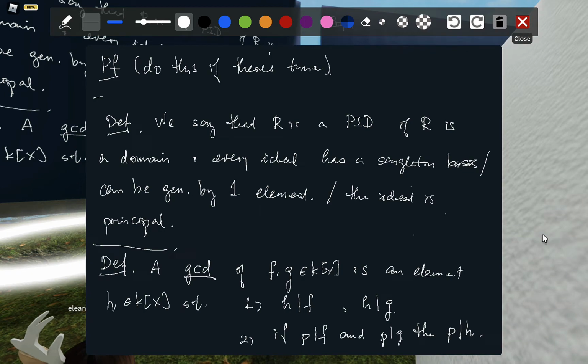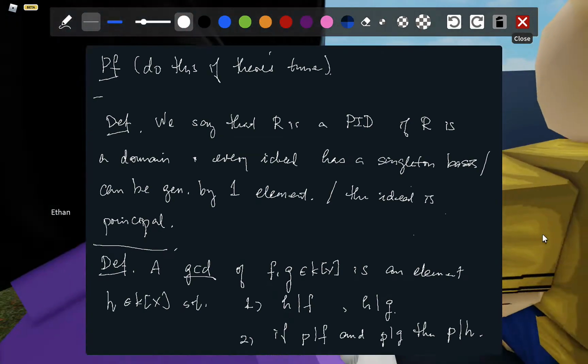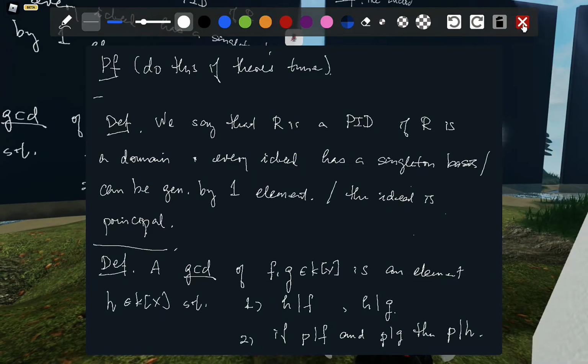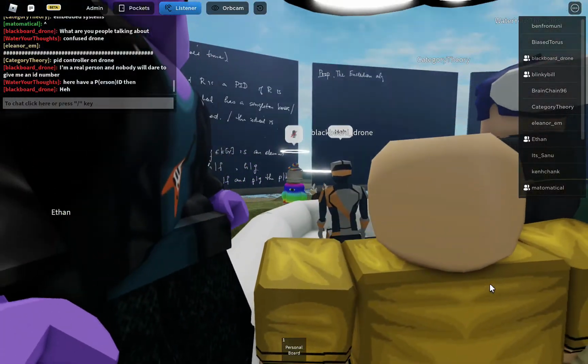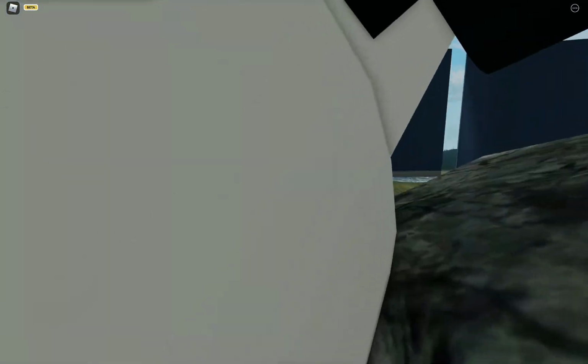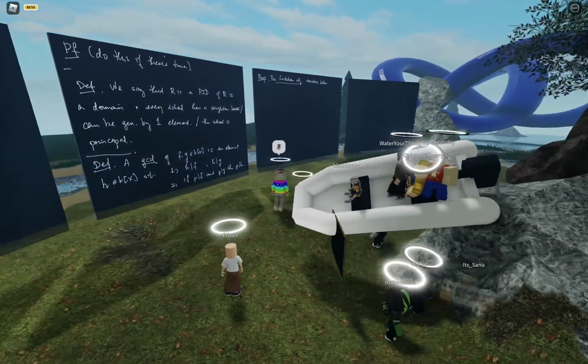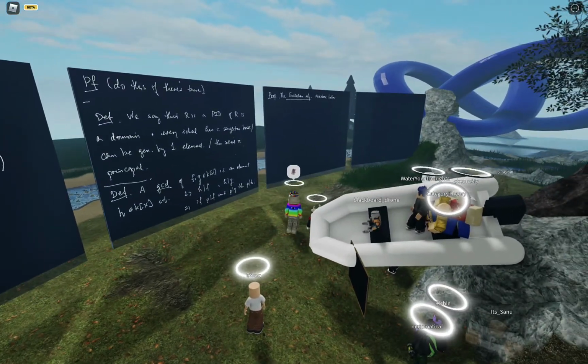It's called the Euclidean algorithm. And again, this is very similar to the one for integers. The Euclidean algorithm defined below computes the GCD, right?